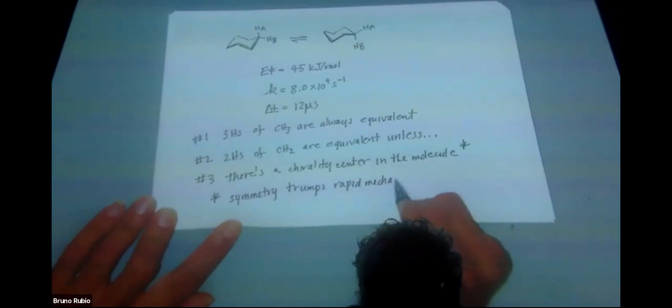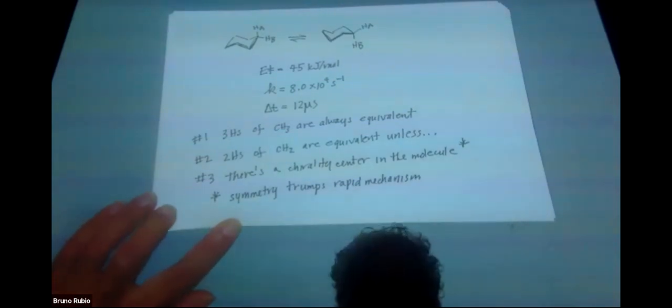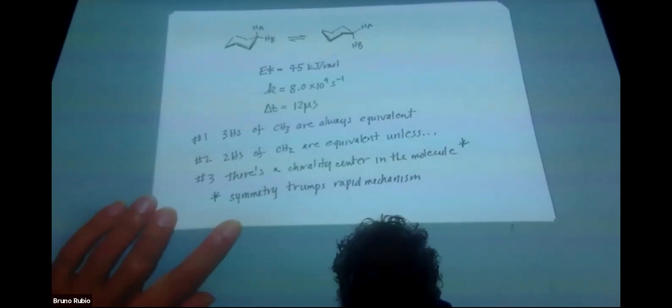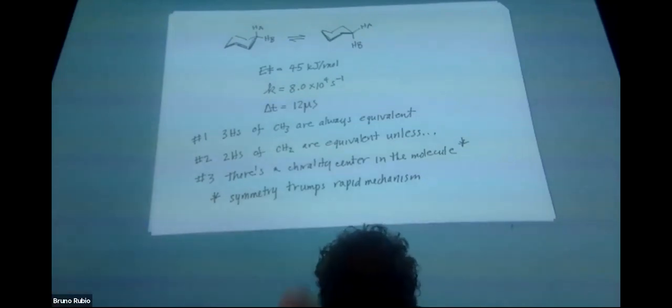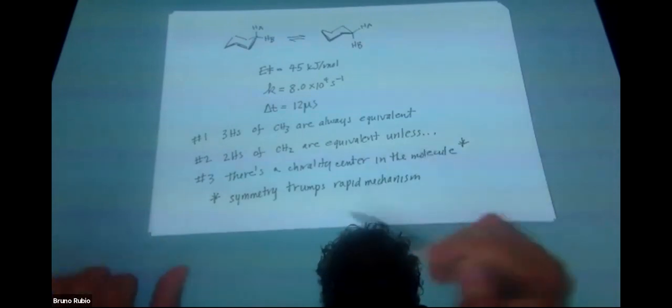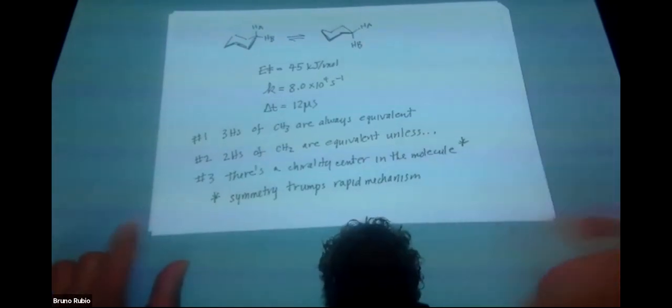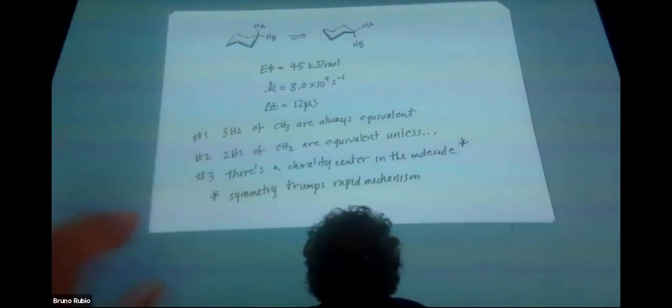So we want to look at symmetry first. And if the molecule is rigid, if some kind of molecular motion is not possible, if it's not a chair, if it's not undergoing some kind of rapid rotation or some kind of rapid process, then symmetry overrules these considerations. Okay, and we'll talk about an example of that in a while.